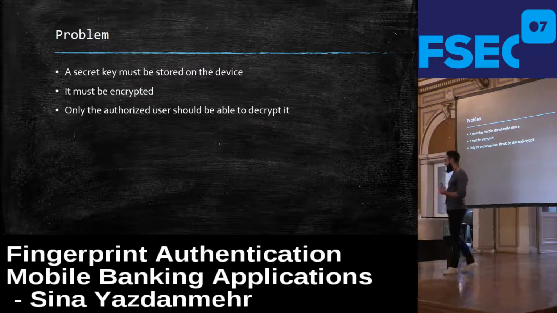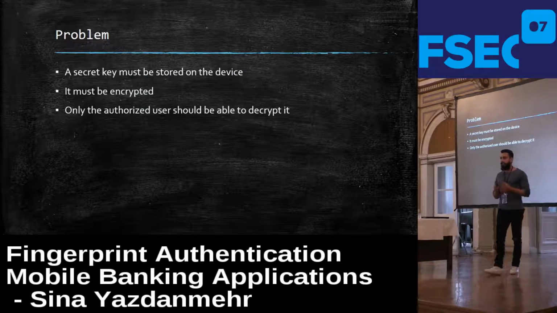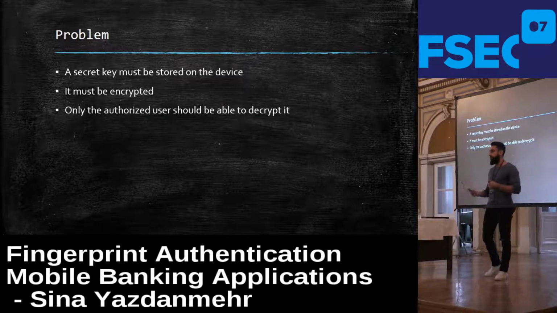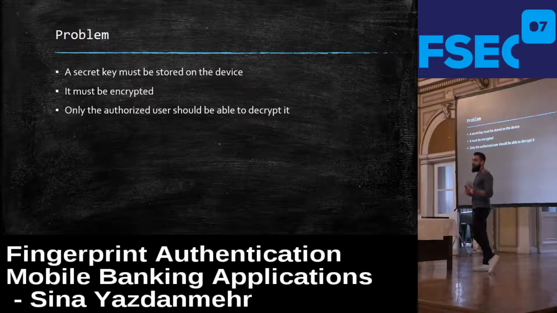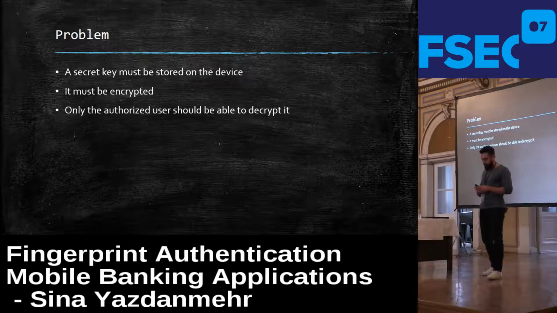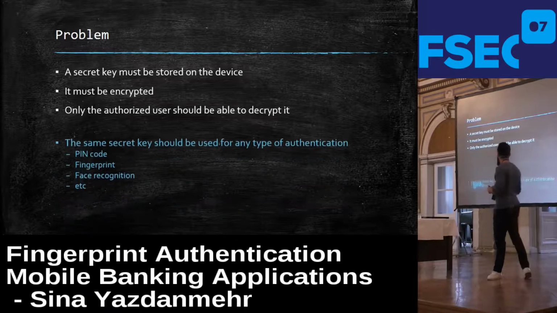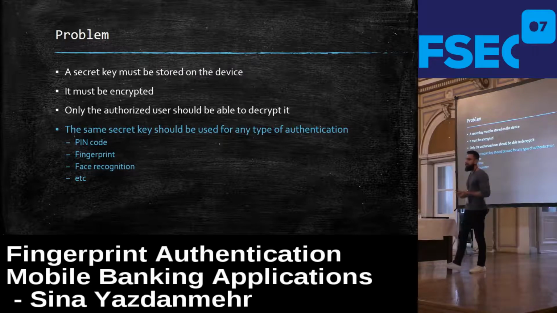illegally. So, this secret key should be encrypted safely and securely and stored on the device for future use. And it should be decrypted only by an authorized user, which is the client of the application. It's all right so far, but the same secret key should be used for any type of authentication.